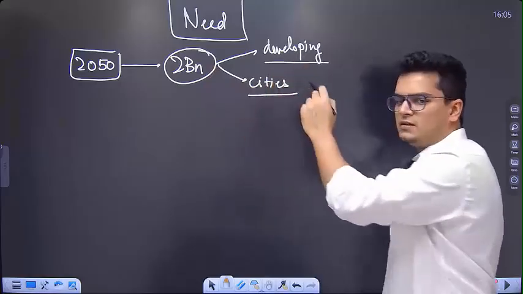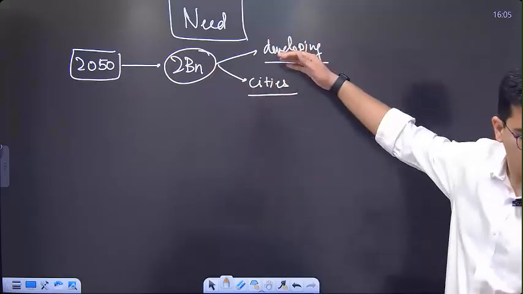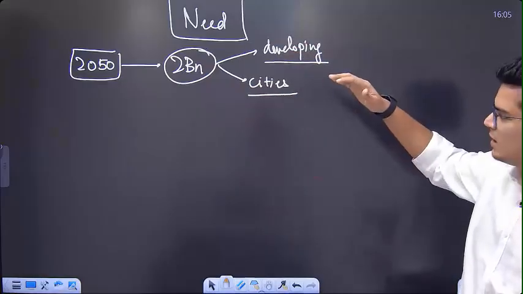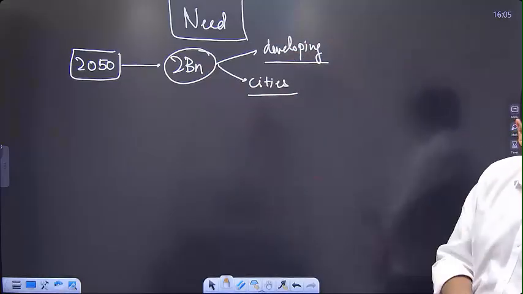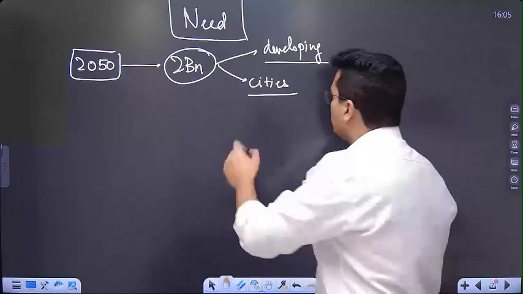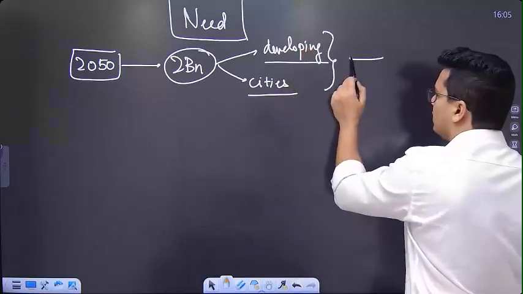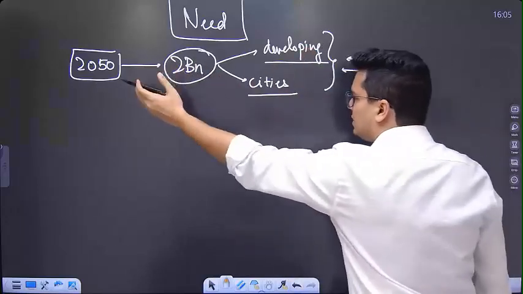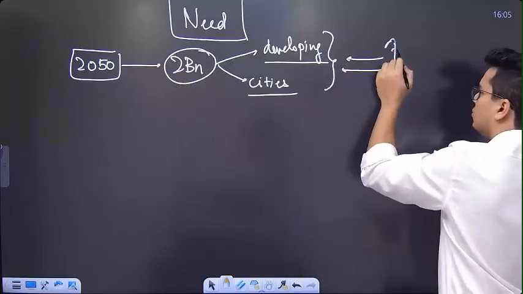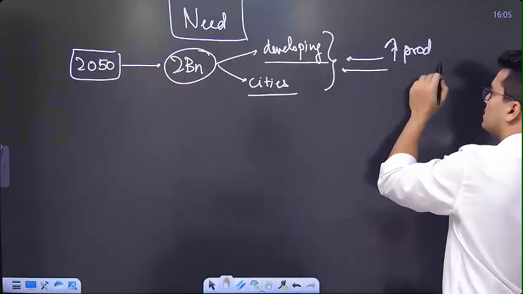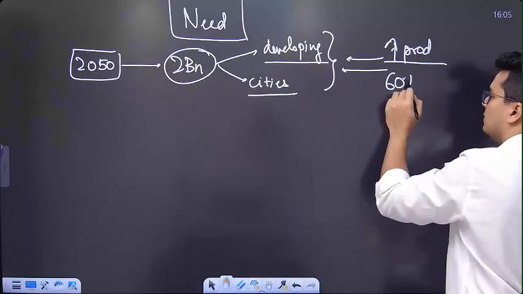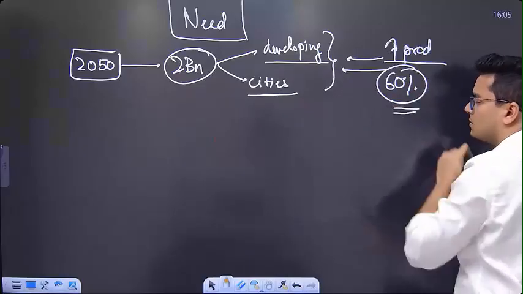Since most of this increase is going to happen in developing countries and cities, we need now to increase agricultural productivity. We need to increase agricultural productivity to ensure that this increase in population is fed. So we need to increase productivity of agriculture by 60%. This is a huge number.